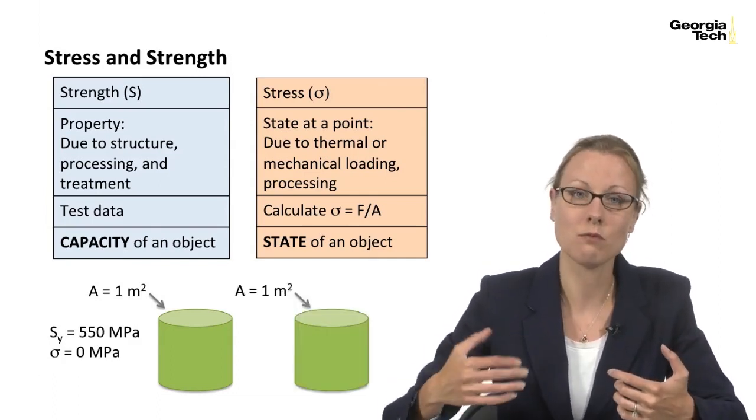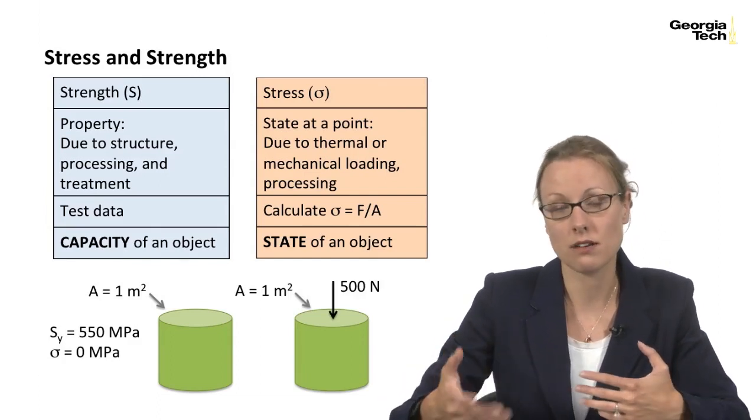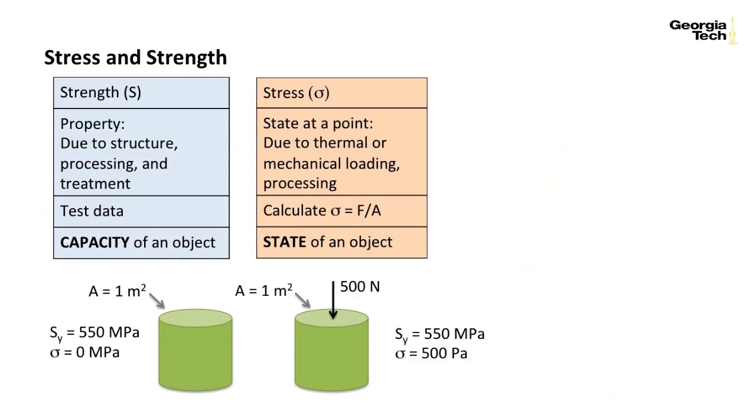And then when we apply a load of, say, 500 newtons, our strength doesn't change. It's still 550 megapascals, but now our stress has increased up to 500 pascals. So stress, state of an object, strength, capacity.